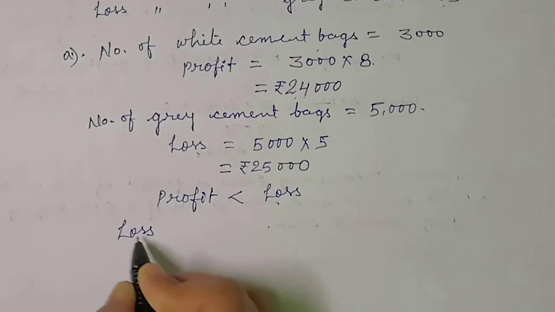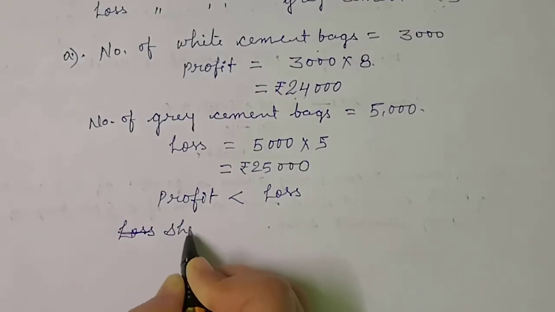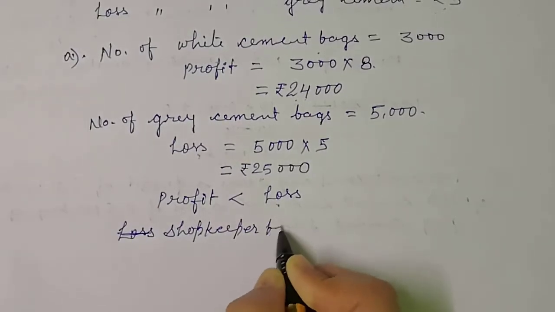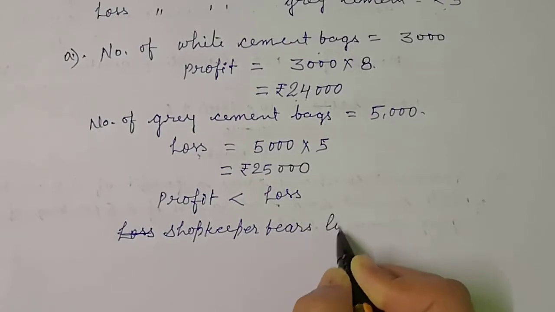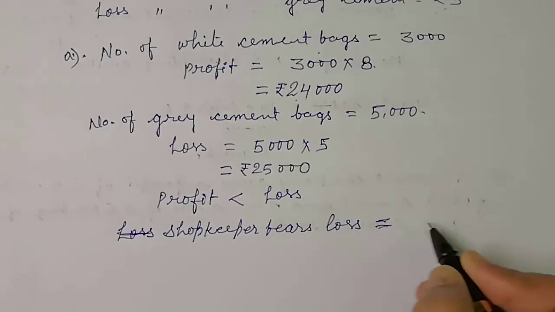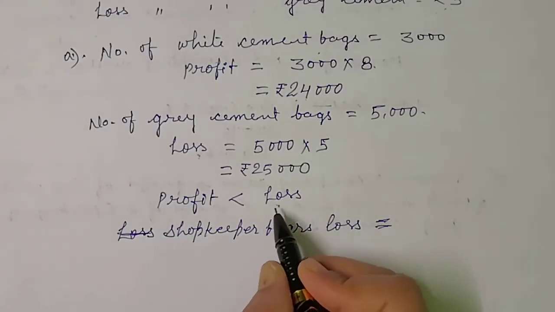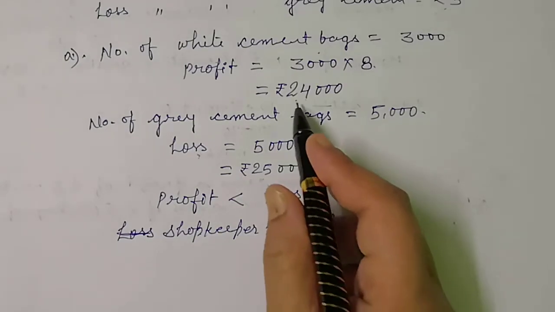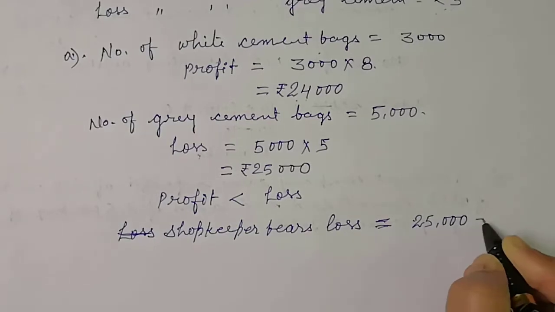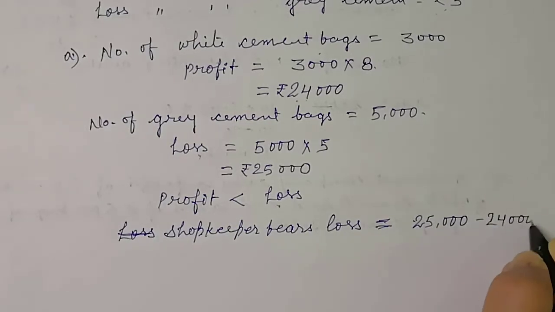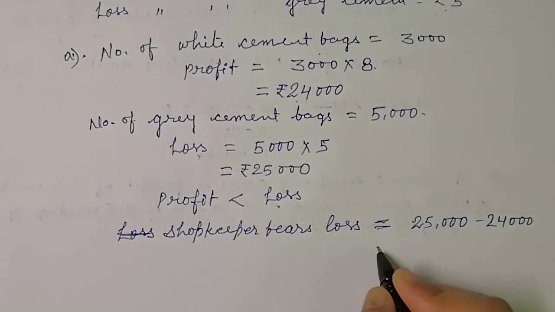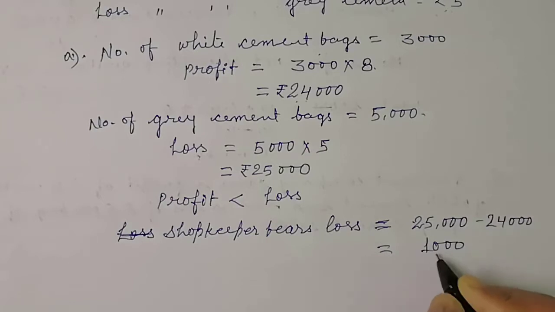The shopkeeper bears a loss, and that loss is, we subtract loss minus profit, 25,000 minus 24,000, and we get 1000.